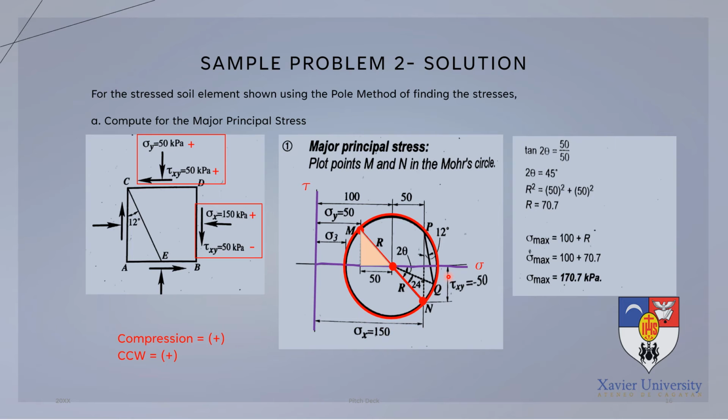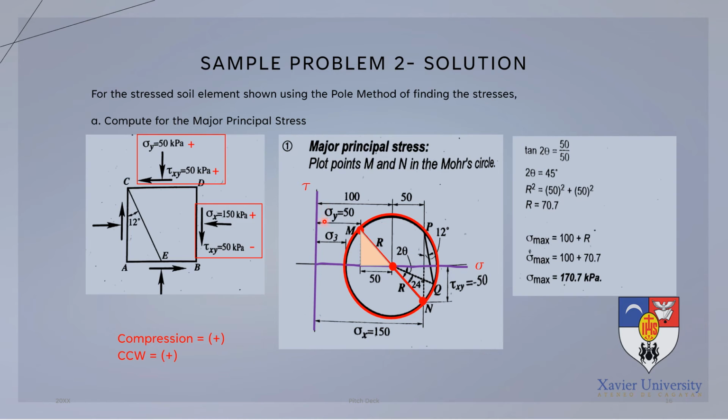So, meaning, ang pinakadako, no, nga principal stress nga ma-experience sa atong soil particle or soil element is actually the farthest point, no, from our origin in the Mohr circle. So, meaning, that is this part here. Butang nato diri siya nga part, no? It is the farthest point from the origin in our Mohr circle.